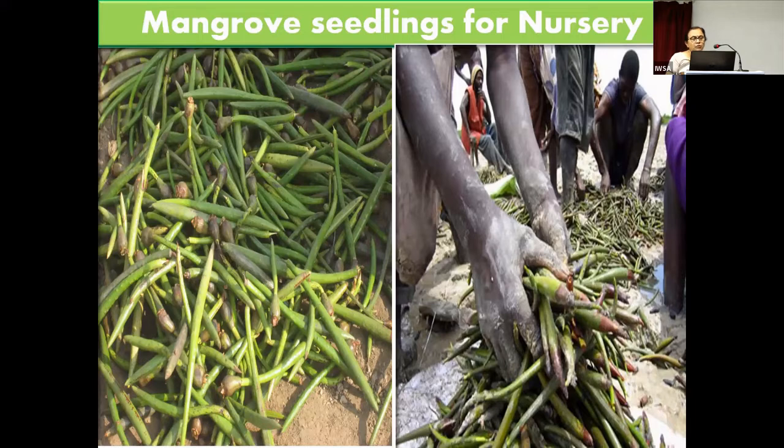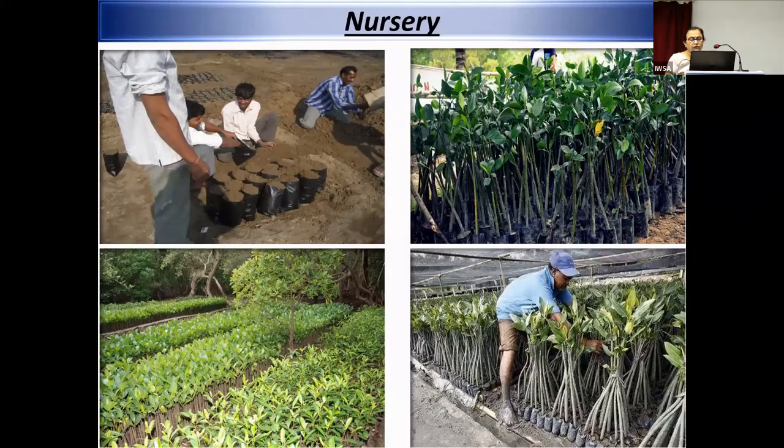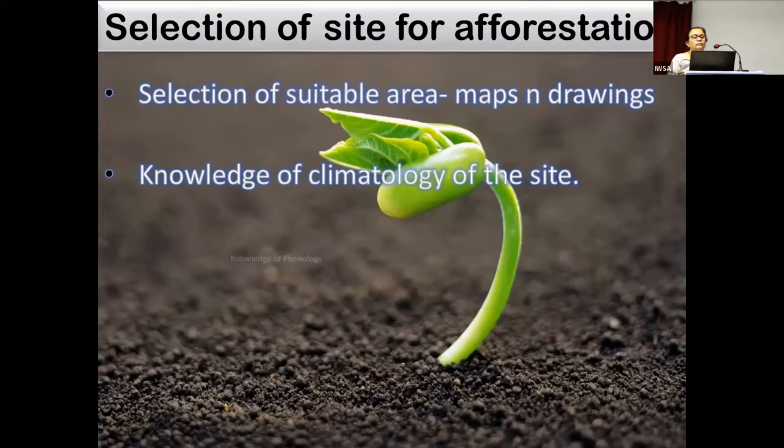Huge programs have been carried out because Rhizophora is a successful species for plantation. This is from our area. Now they are tagging the well-developed established seedlings for plantation, and you can see the preparation for the eco-restoration program.